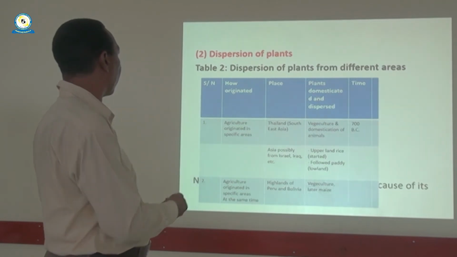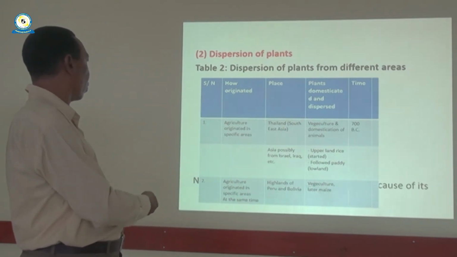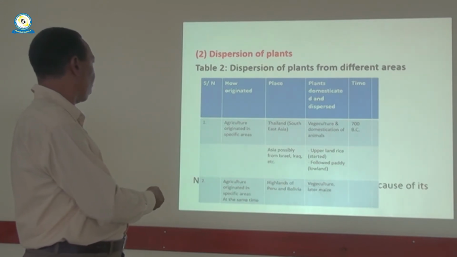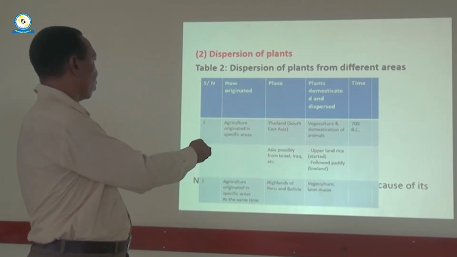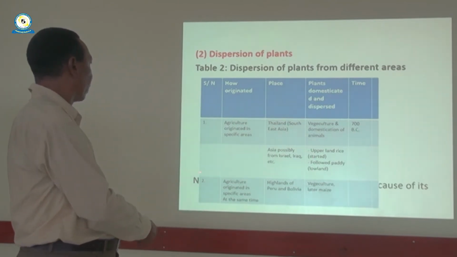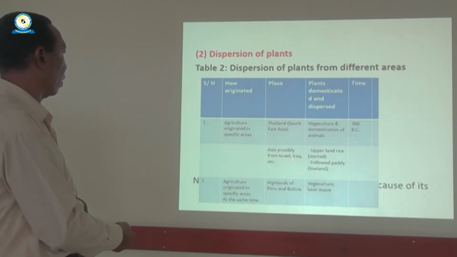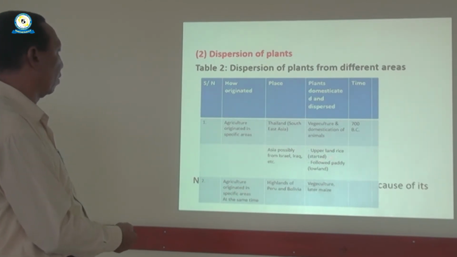The question of plants: this is also about trying to summarize where agriculture originated, in areas like Thailand, around 2700 BC. We have Asia, from Israel, Iraq, where upland rice started, followed by paddy.